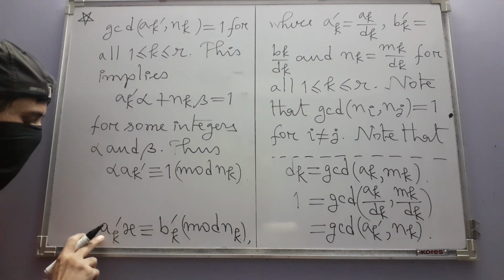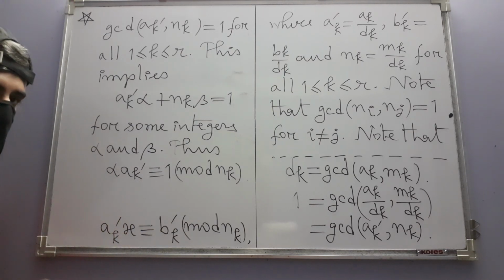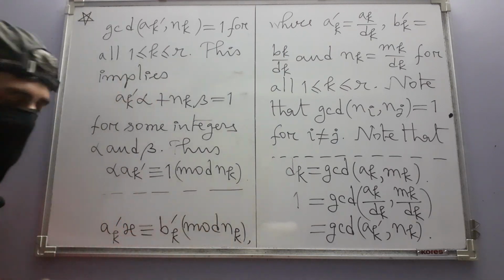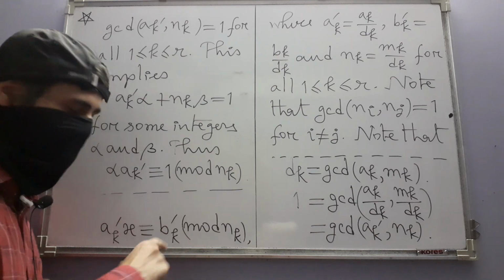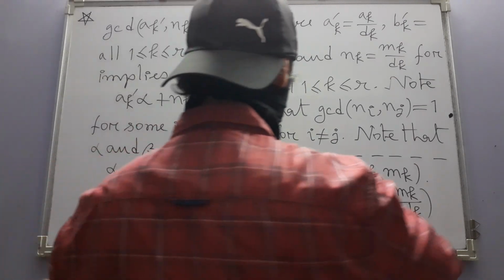How? You multiply both sides of this congruence by alpha. If you do that, what will you get? Now the general congruence of our second system is going to get transformed into something else.